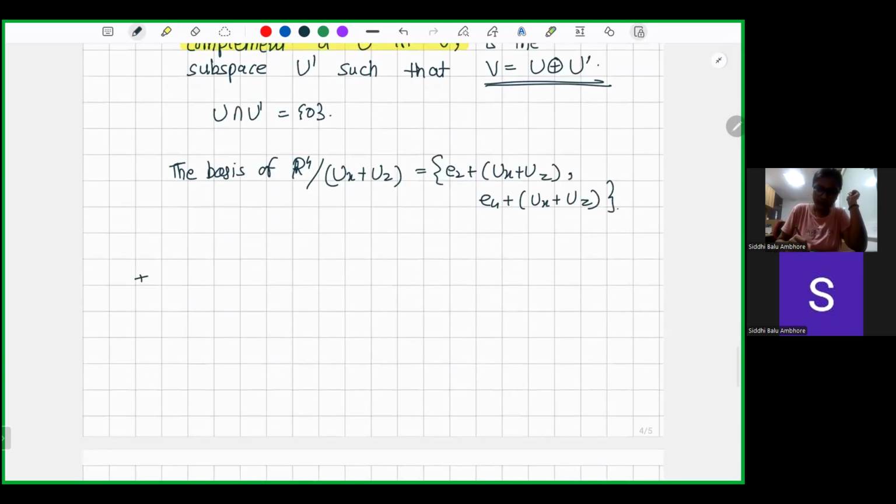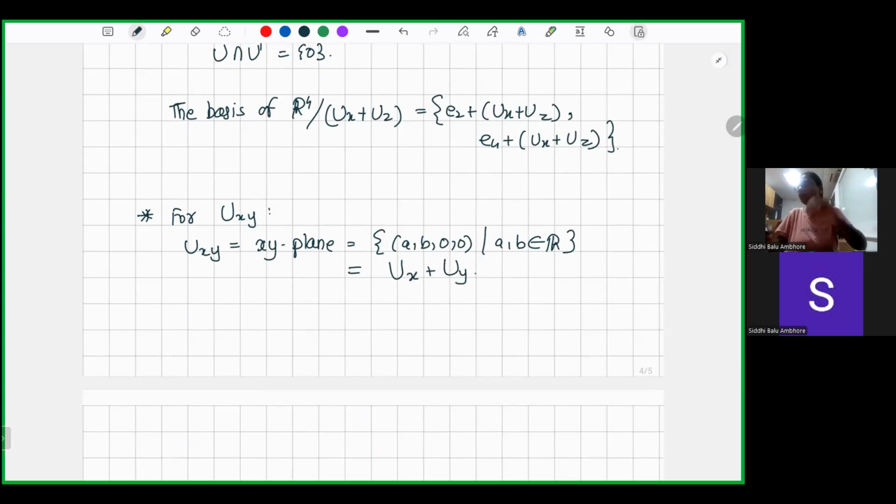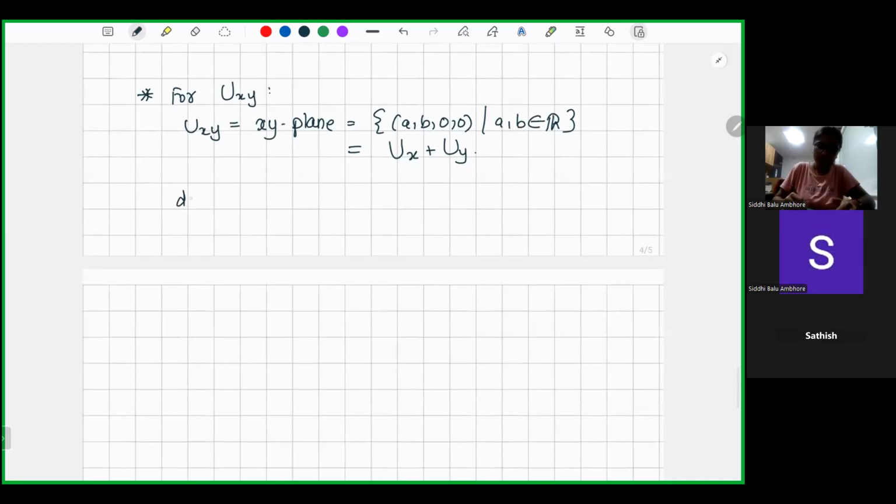So for the xy plane, Uxy, that is the xy plane, it is generated by elements of this form: a comma b comma 0 such that a, b are in R. So this is basically Ux plus Uy. Okay, and so the dimension of this.